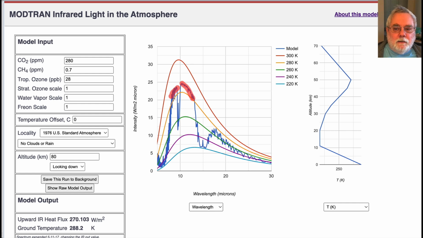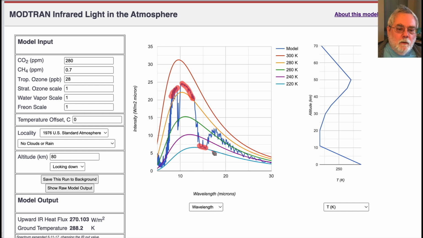Where the atmosphere is optically thick, opaque, looking down from space, you see nearly black body emission from the altitude that transitions from optically thick below to optically thin above. For example, the 14 to 16 micron carbon dioxide blanket band here is 100% absorbing through most of the troposphere at pre-industrial concentrations and current concentrations, and the thermal radiation reaching the top of the atmosphere has an effective black body temperature of about 225 Kelvin.